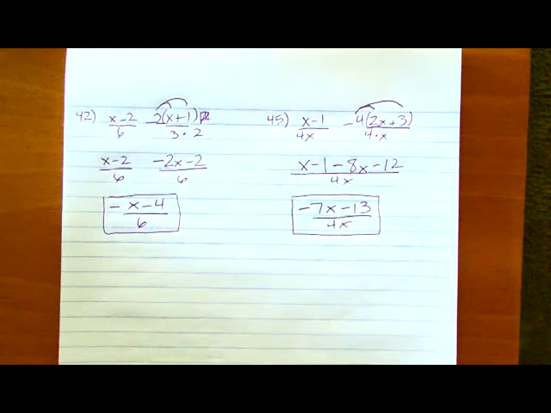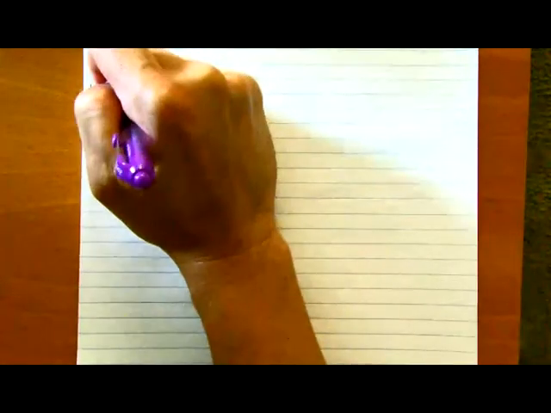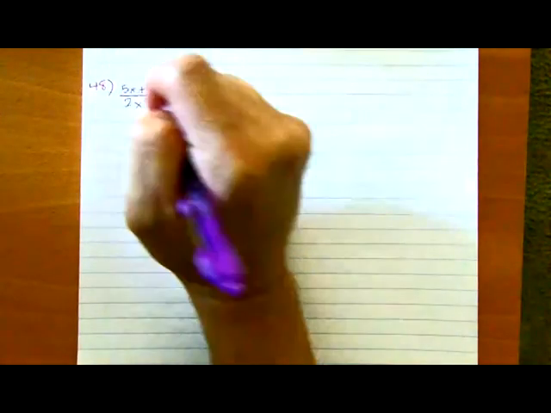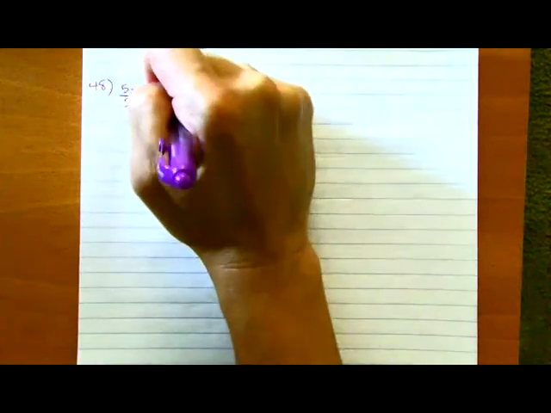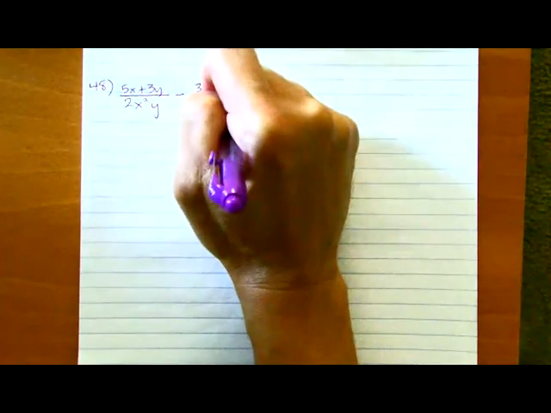Number 48. 48 says 5x plus 3y over 2x to the second y minus 3x minus 4y over xy to the second. Okay, we need to get the denominators to match.